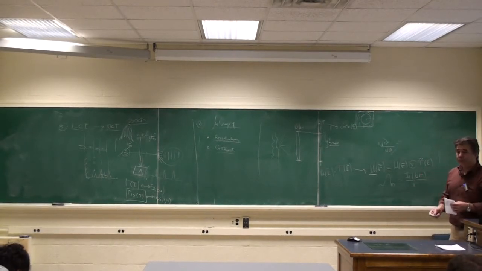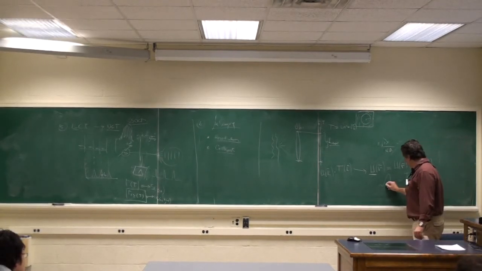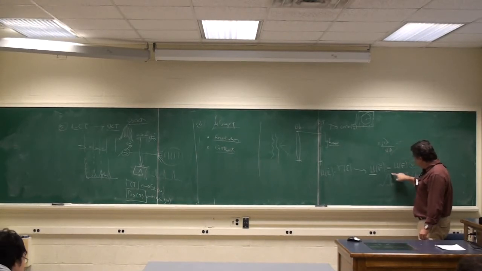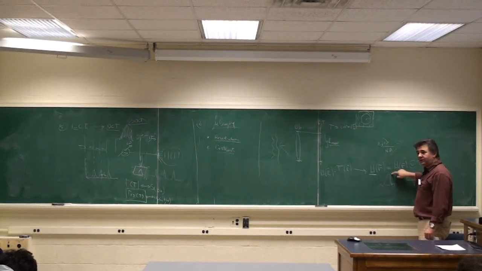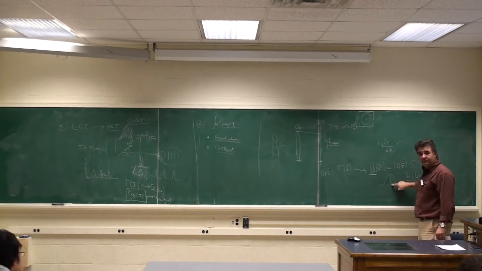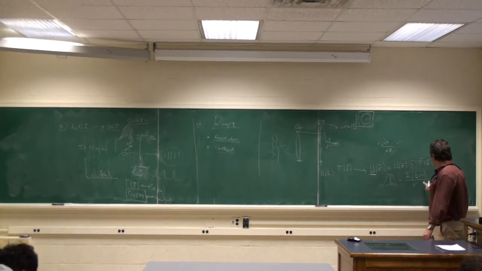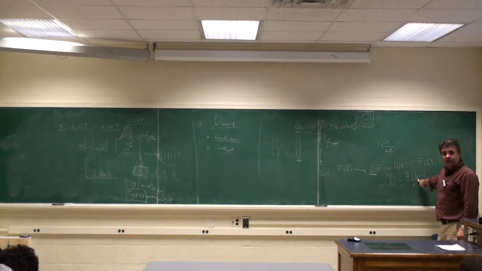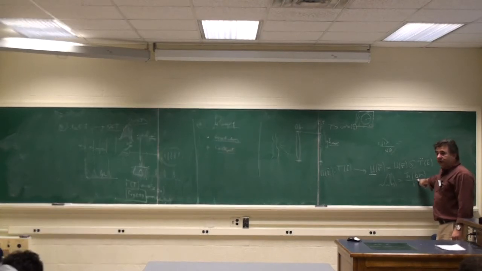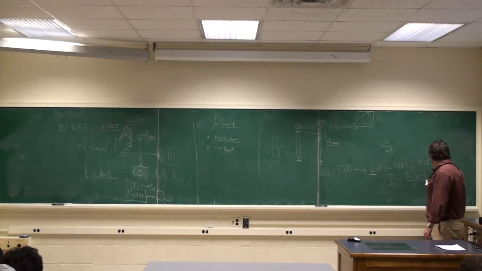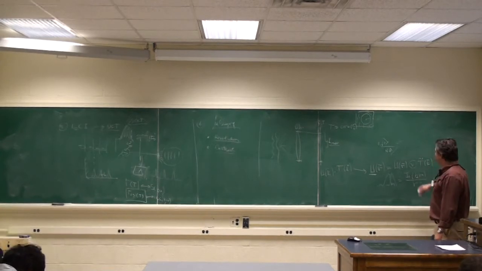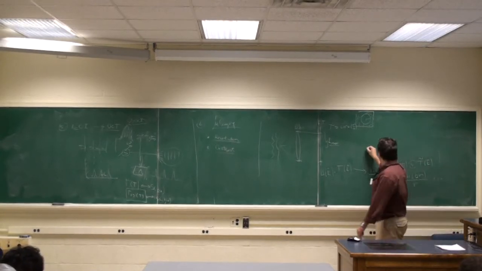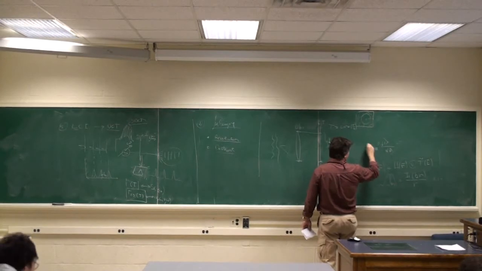Which criterion do you want me to apply? Do you want me to apply the Rayleigh criterion? The Rayleigh criterion means the maximum of the second point overlaps the minimum of the first, meaning the first root of this function. That's something like 1.22, depends on the pi's and the variables, but basically the smallest thing will be something like this.